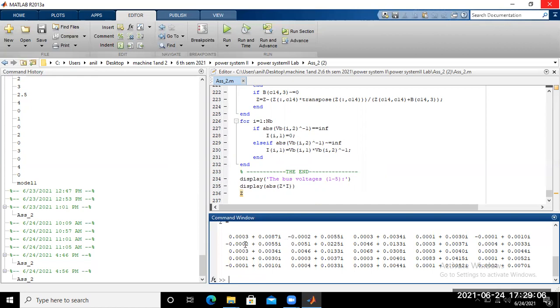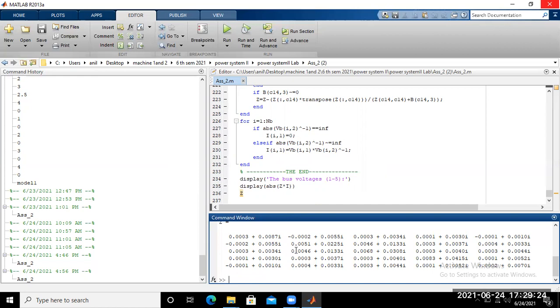Similarly, this represents Z21, second row, first column. The resistance value is minus 0.002 and the reactance value is plus 0.0551.